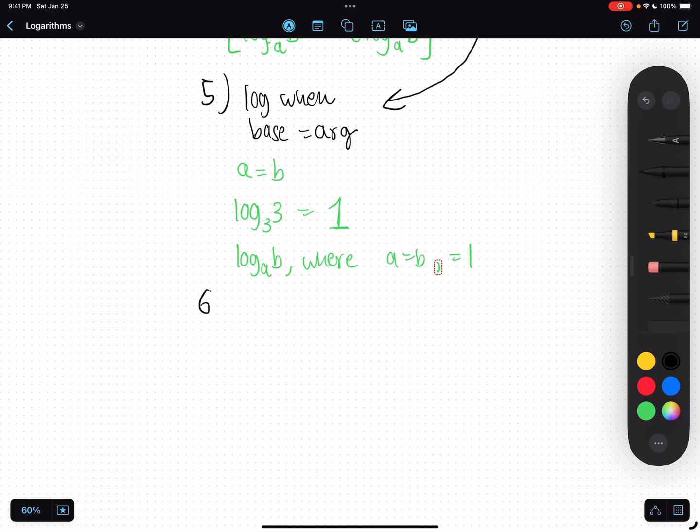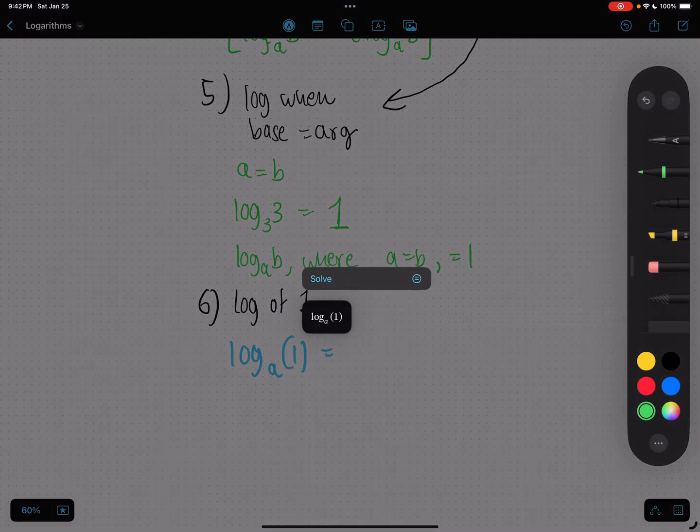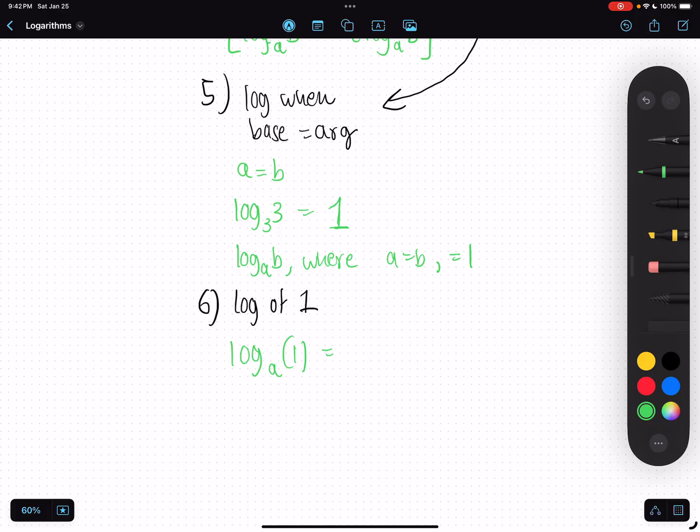And similarly to this one, you have log of 1. Remember this, guys, it is extremely simple. Whenever you have log a of 1, it doesn't matter what the value of a is, 5, 6, 7, 10, 99, it doesn't matter. Log of 1, where 1 is the argument, will always give the answer of 0.